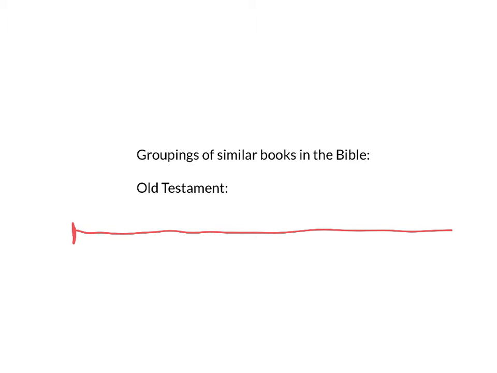Now, they are somewhat chronological, as you'll see in a few minutes, but they're not necessarily. They are arranged according to a system that made sense to the Jews, who of course did this with the Older Testament, and then somewhat the same arrangement was followed by Christians who did it with the Newer Testament.